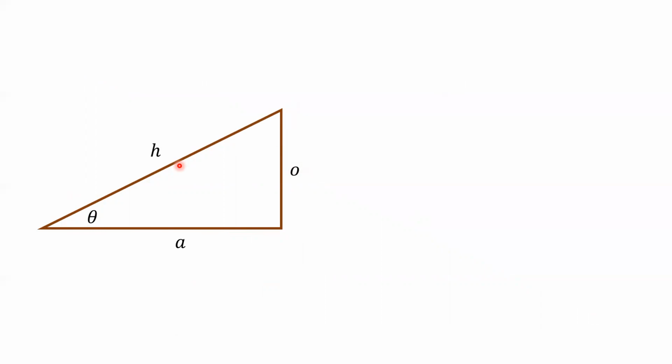So we've got three sides here, and we're going to look at two important ratios. First, if you were to measure the length of this side and divide it by the length of the hypotenuse, that ratio has a special name. That's called the sine of the angle, abbreviated sin. So by definition, the sine of this angle is the length of the opposite side divided by the length of the hypotenuse. You remember SOHCAHTOA.